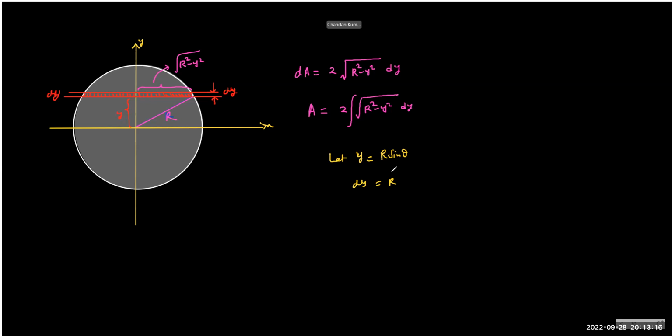So y you can write as r sin theta, and the moment you do so, dy equals how much? r cos theta d theta. Very good. A equals twice of the integral of under root of r square minus y square. So what is r square minus y square now?